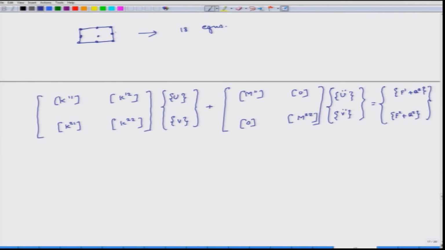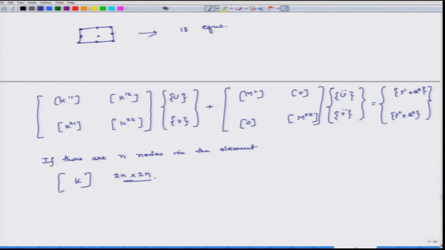Okay. So, if there are n nodes in the element, then this big K matrix, what is the order? It is 2n by 2n.